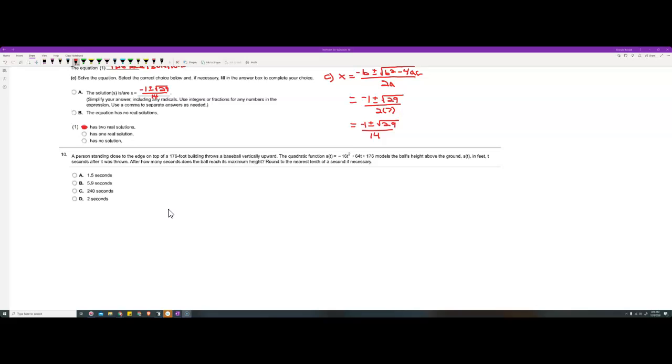The quadratic equation s of t equals -16t squared plus 64t plus 176, because you're on top of the building, models the ball's height above the ground. Okay, so this notation right here represents the height.